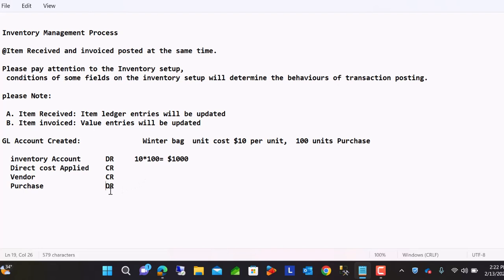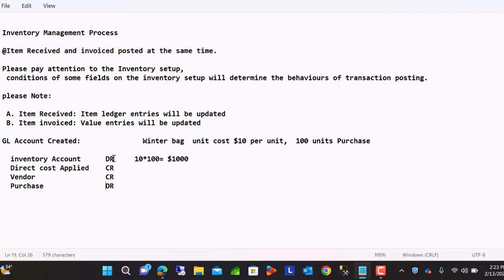Meanwhile, before we go further into the system to show how the process will work and how these accounts will be generated on the chart of accounts: number one, we have the debits for the inventory. Ordinarily, when an item is being purchased, what they want to see in their books is that the inventory is being updated.